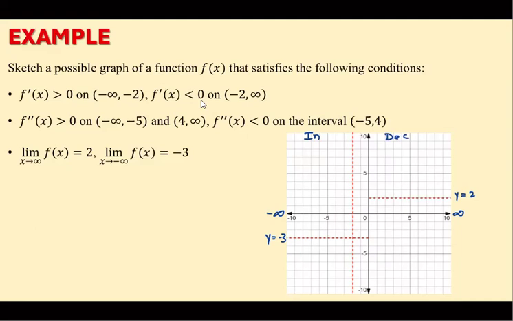Note that on the left of this vertical line, the function is going upward, and after that the function is going downward, approaching the asymptote.